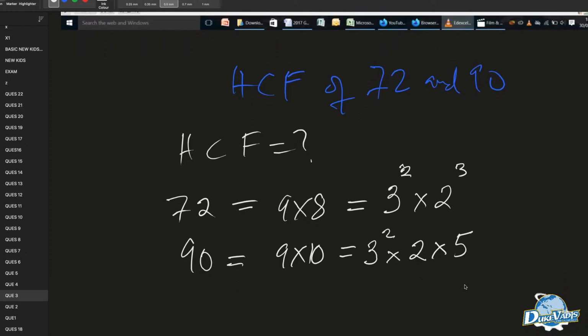So we pick the prime factors which are common to both numbers. Note, in such questions, we pick the prime factor which is common to both numbers.